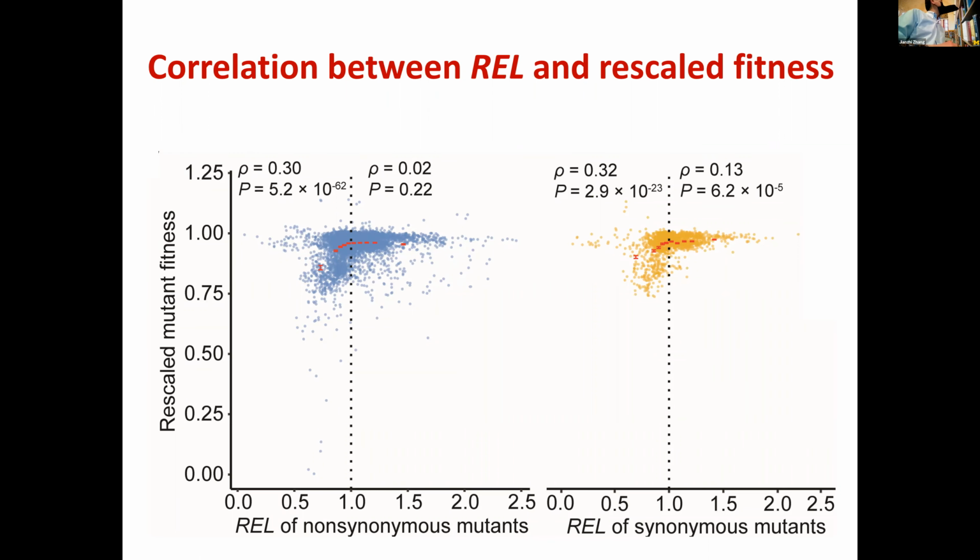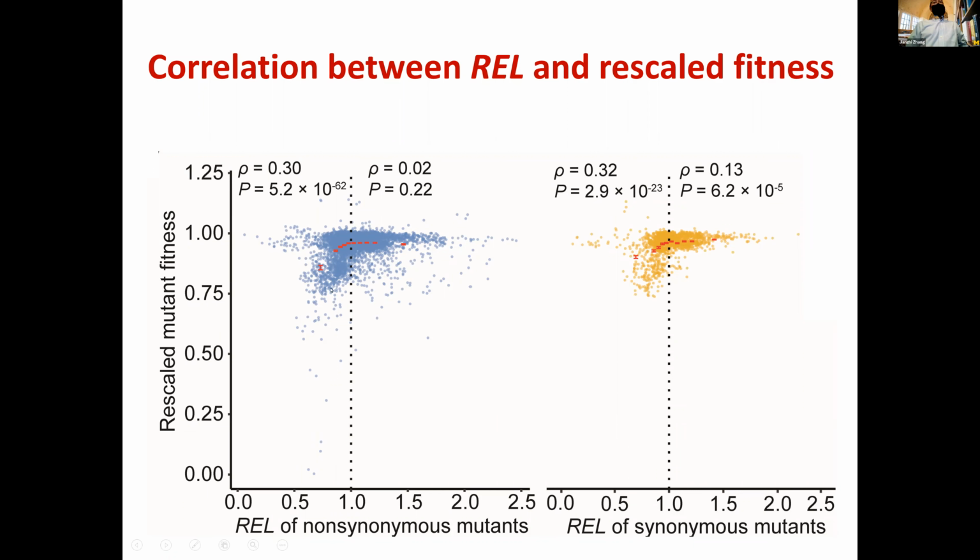So this is what we found. On the left, these are non-synonymous mutants. The x-axis is the relative expression level. The y-axis is the rescaled fitness. There is a positive correlation, but there's a difference when the expression level is below the wild type versus higher than the wild type.